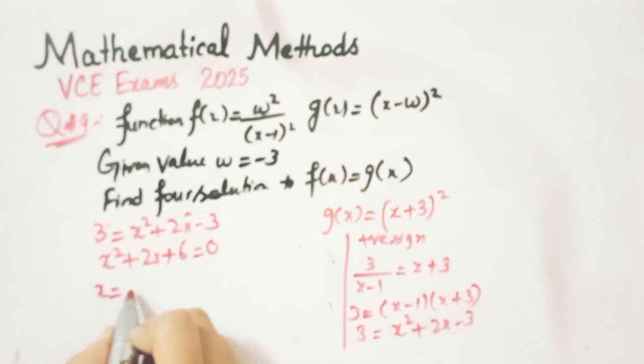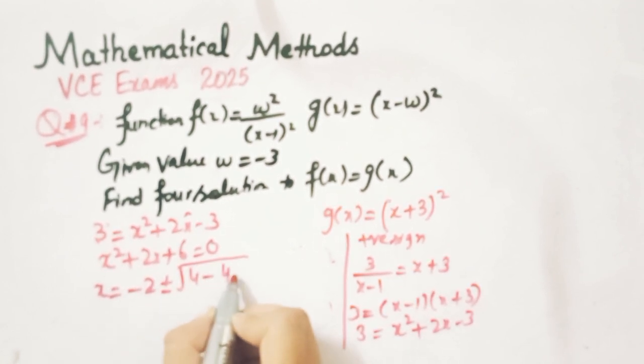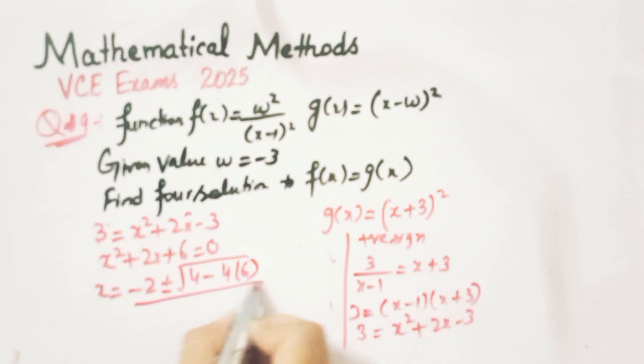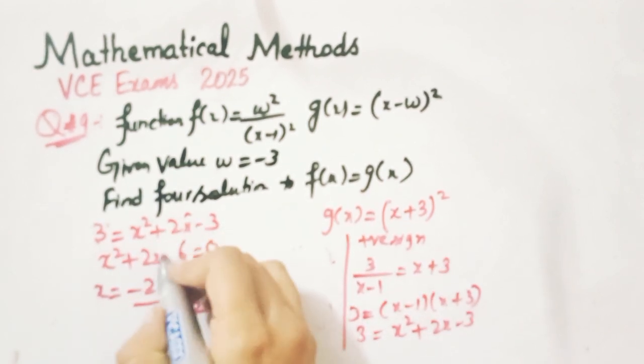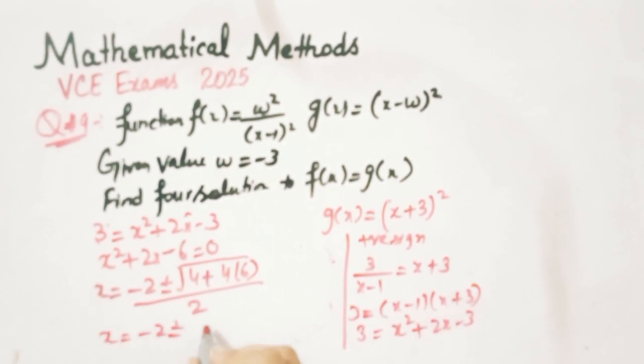Apply the quadratic formula: x equals minus 2 plus or minus the square root of b squared minus 4ac, divided by 2. So 6 into 4 is 24, then this will be minus, minus times minus is plus, so 4 plus 24 is 28, by 2.